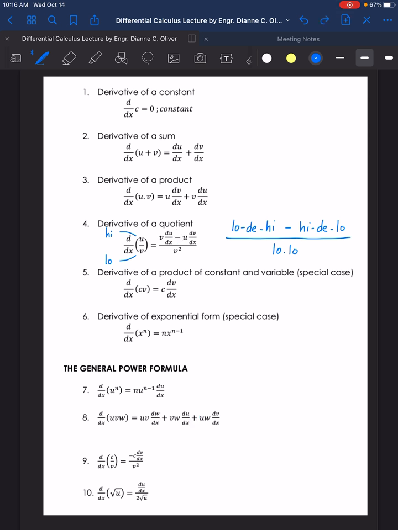So first, we need to copy the left side portion, UV, and then derive the rightmost portion, W. So we have there copy UV, derive W. What's next?